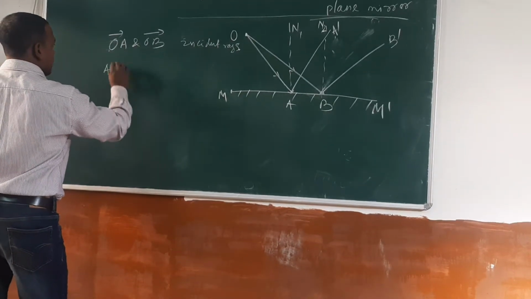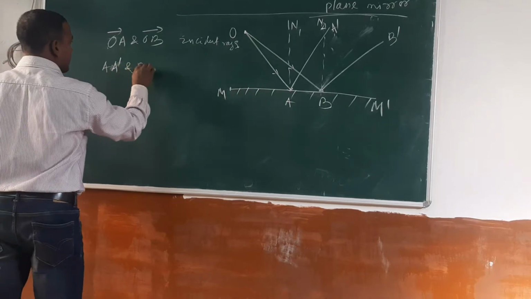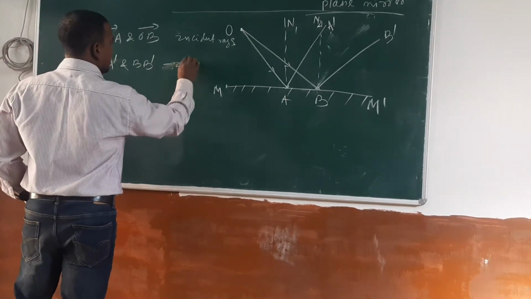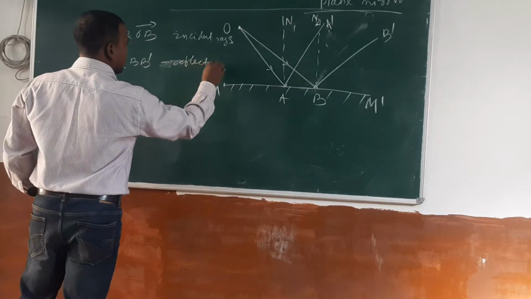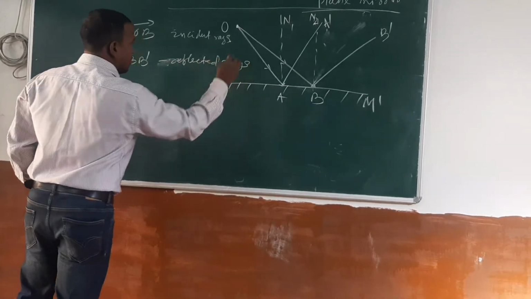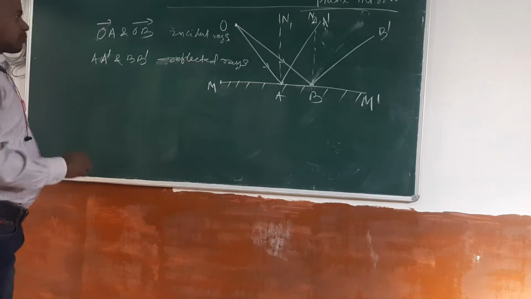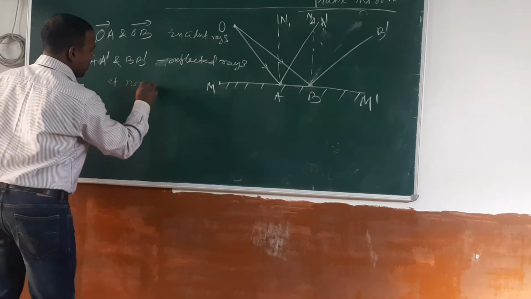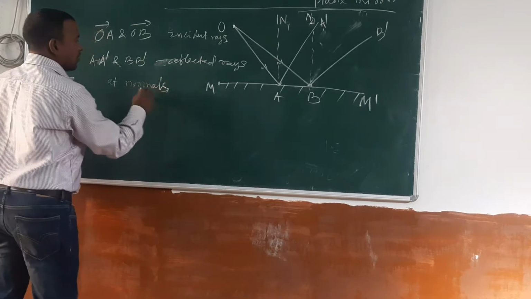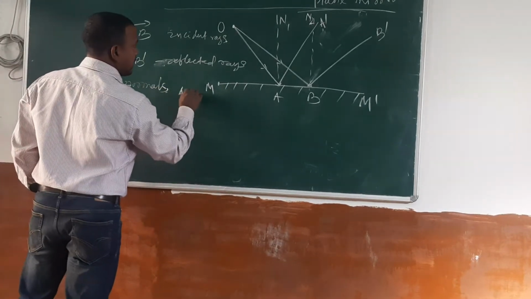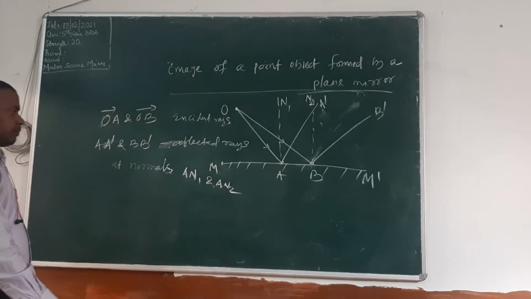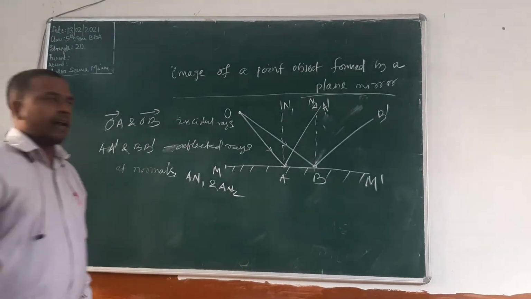A dash and B dash are the reflected rays. At normals, A N1 and A N2.